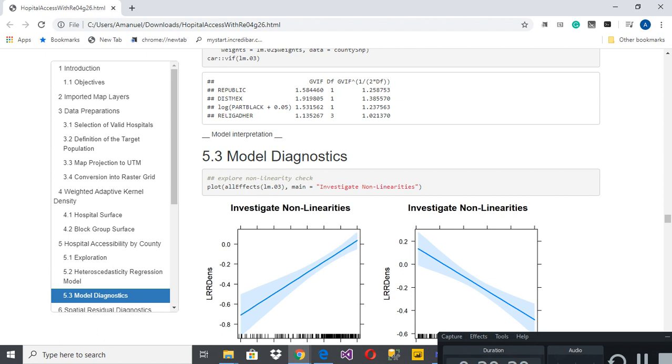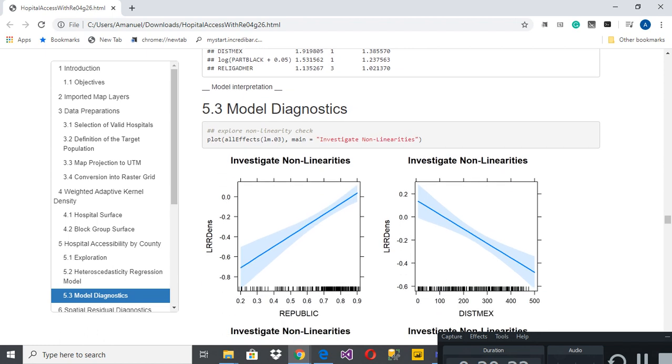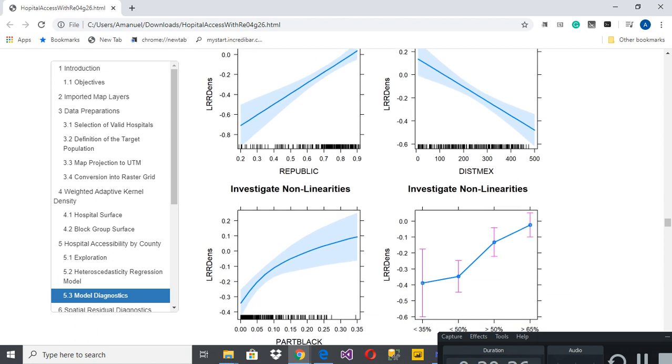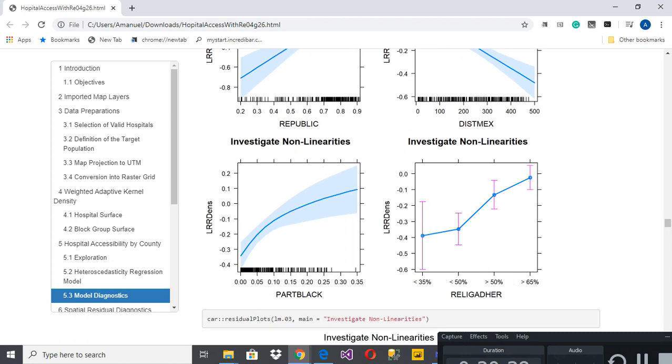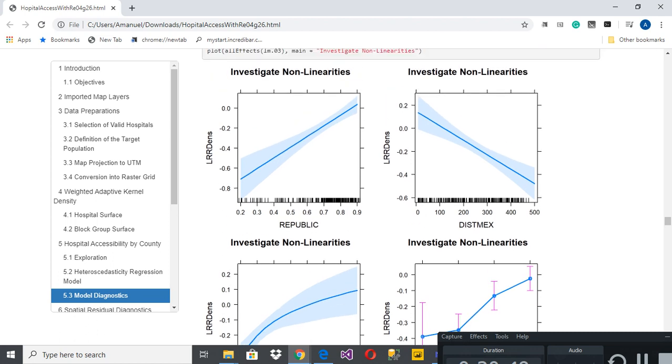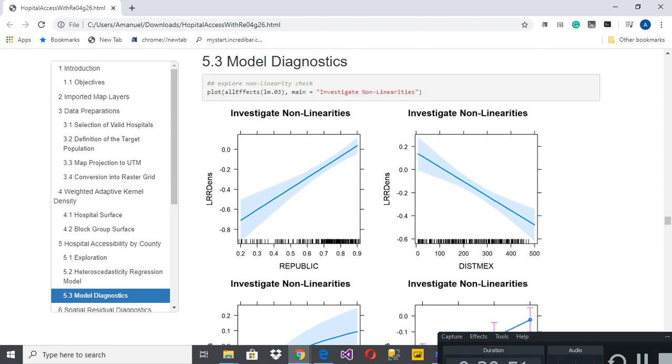As we can see from the model diagnostics, the nonlinearity check, the more Republican there is, the higher the access, and as the black population group increases, the access also increases, and here, as the distance to Mexico decreases, the access also decreases.